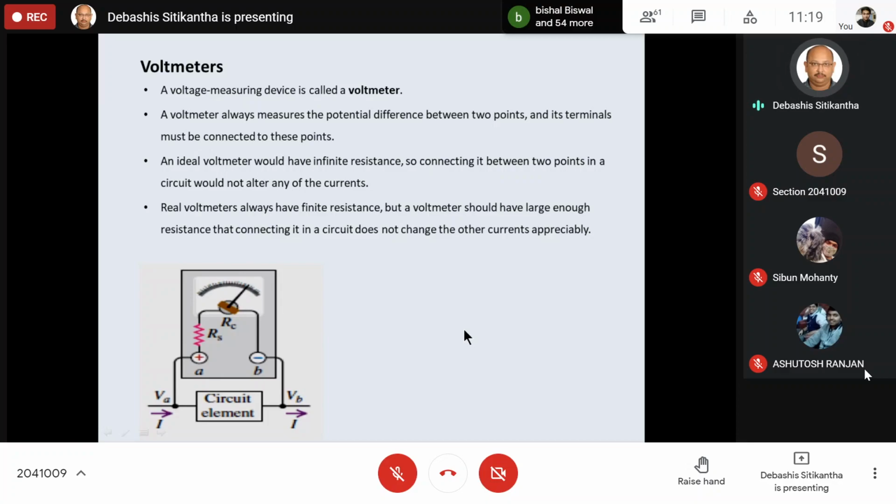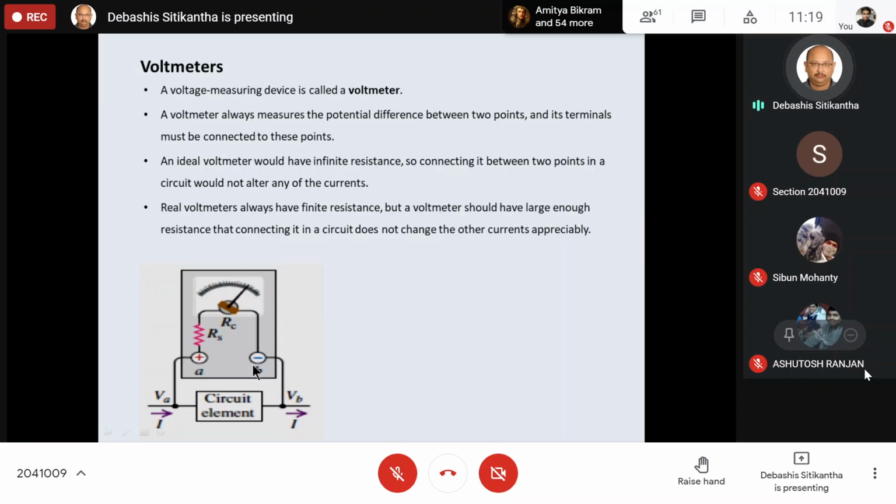Now, why should it be very high? Because as you can see in this diagram, if the voltmeter is connected across the circuit element in parallel, there are two parallel paths for the current to flow. Some amount of current will flow through the circuit element and some amount of current will flow through the voltmeter. Now if the resistance of the voltmeter is not very high, then a lot of current is going to flow through it, and obviously the drop will be across the resistance of the voltmeter, not across the circuit element.